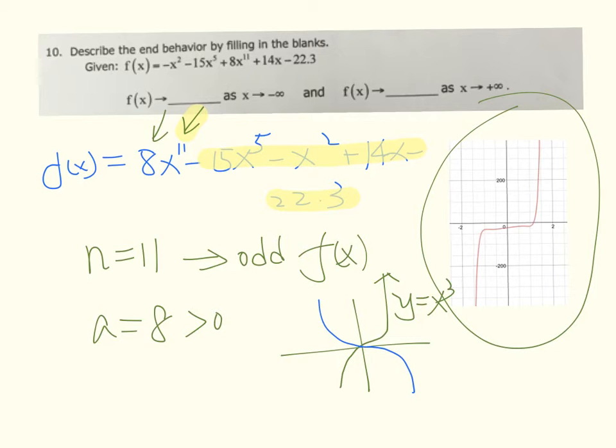As long as you conclude that it has the same behavior as the parent function y equals x cubed, you can draw the conclusion that as x approaches negative infinity, f of x also approaches negative infinity. And as x approaches positive infinity, f of x, the y value of the function, also approaches positive infinity. That's the answer to that.